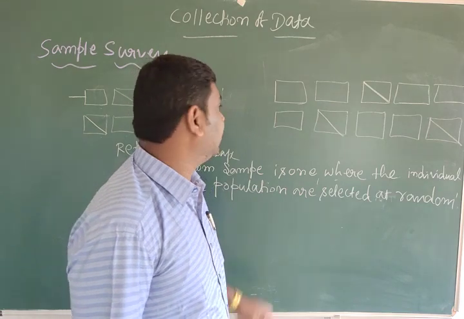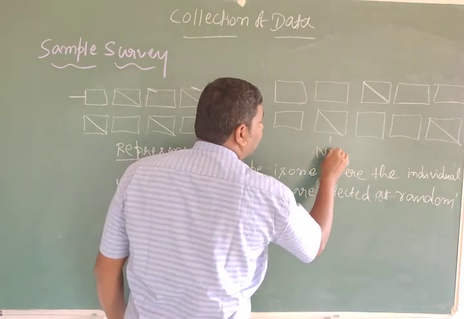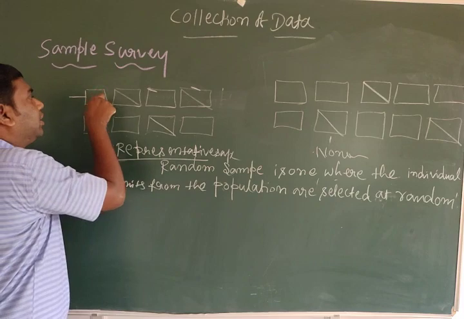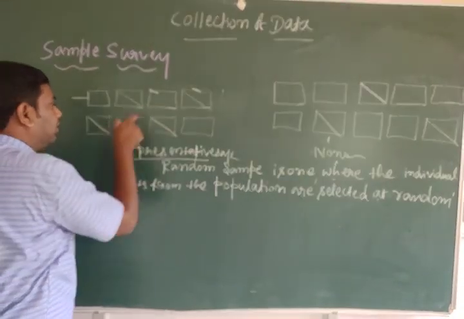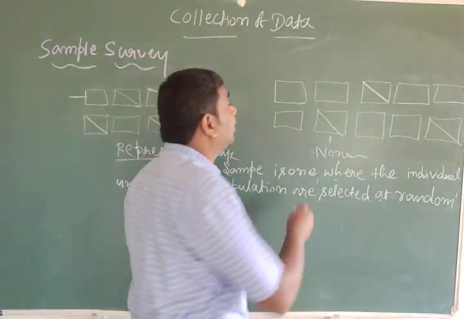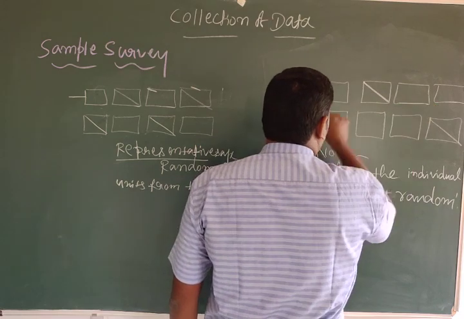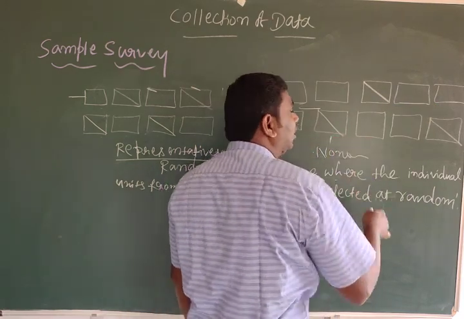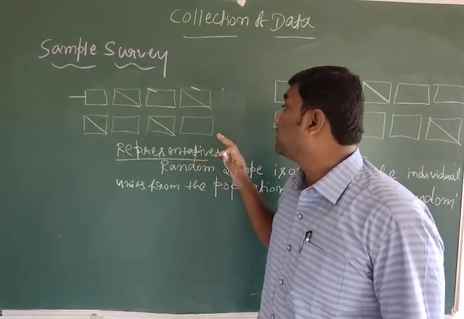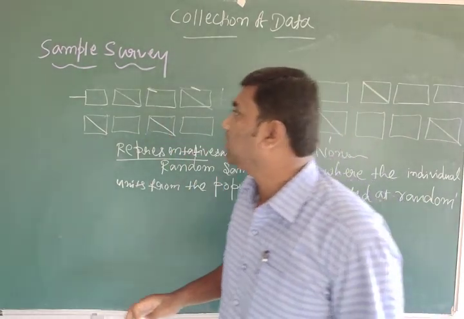Okay, are you understanding? This is a representative sample. This is a non-representative sample. How can you say that? Here one is without, one is with. Here without, without, but here you can see two without. Here one is with, again it is not perfect. So this is non-representative, this is a representative sample.